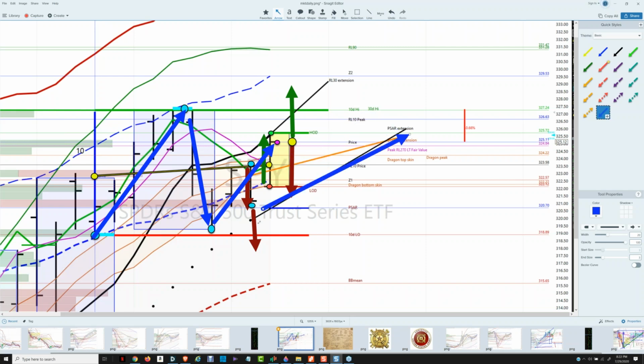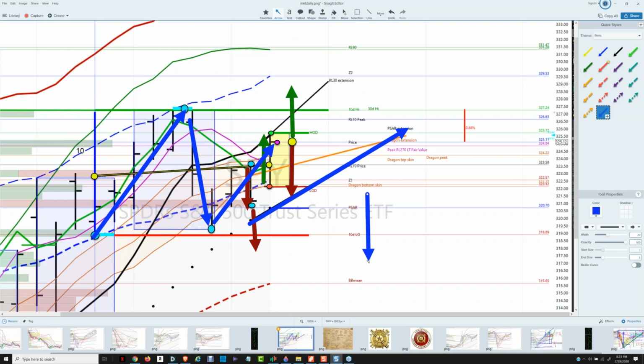The slope of the PSAR ladder is still strong. And now there's this much protection, this much slack, just from 325, so about $5, about 1.5%, which is slightly more than an ATR. So there's some protection built in.